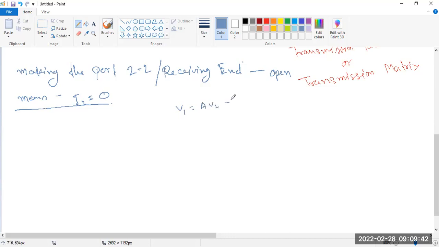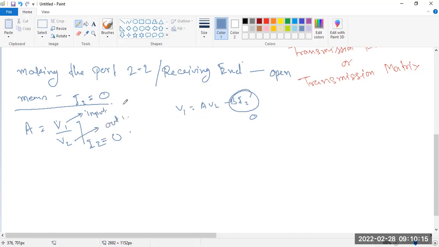Then from this equation, V1 equals A V2 minus B I2. This portion became 0 and only this remains. So we get A equal to V1 by V2, when I2 equals 0. You can see this is the input and this is the output.